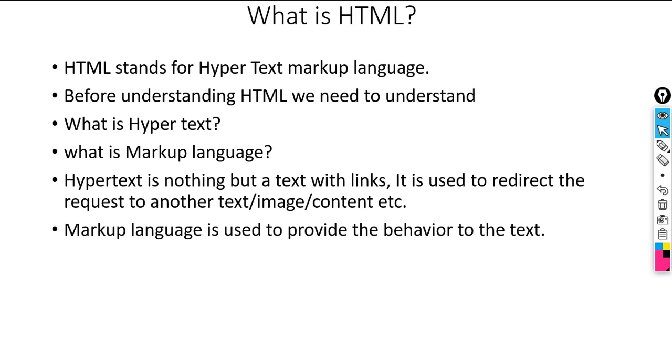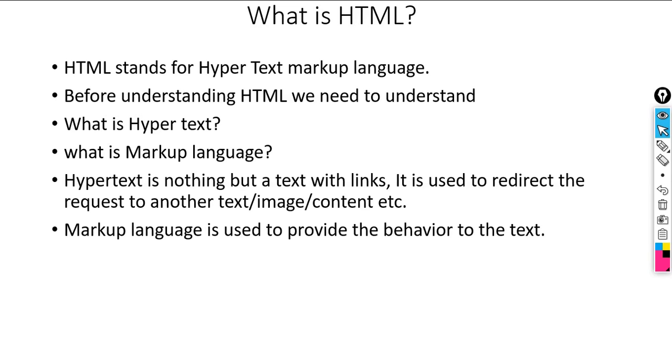So hypertext will redirect the request to another text, image, content, etc. Then I explained markup language: a language which is used to provide behavior to plain text. So now you have a better understanding of what hypertext and markup language are.